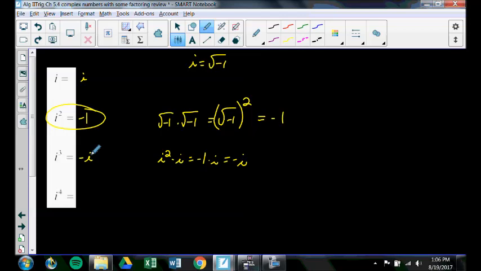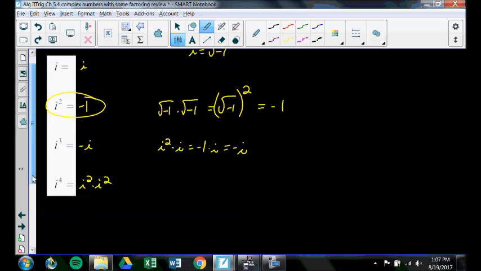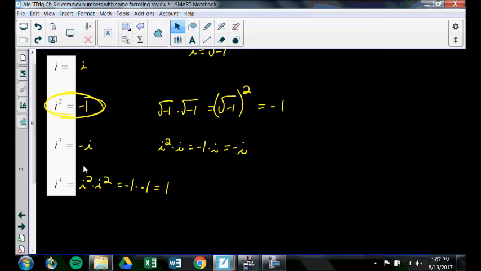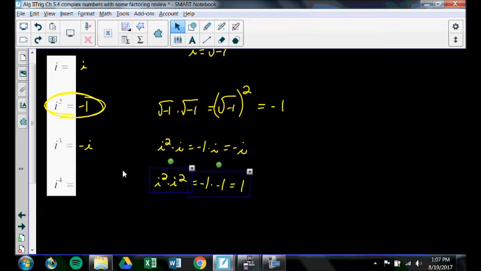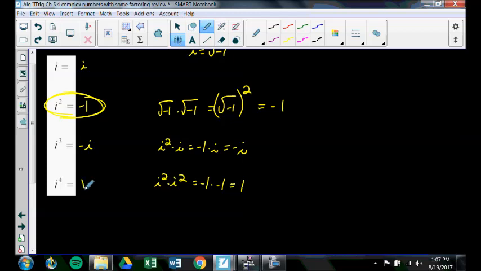And then i to the fourth is really i squared times i squared. And i squared times i squared, well, we know that i squared is -1, so that's -1 times -1, and that's just 1. So i to the fourth is just straight up the number 1.